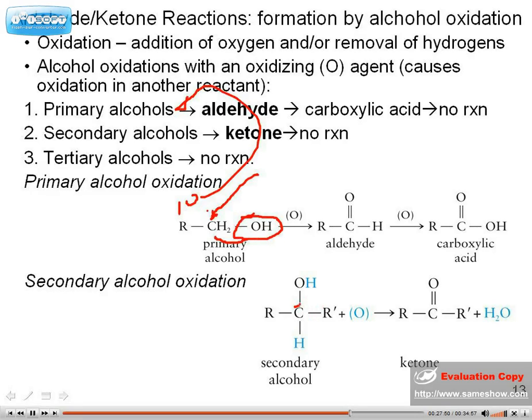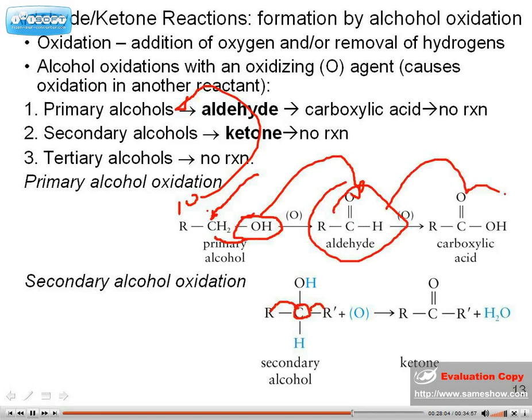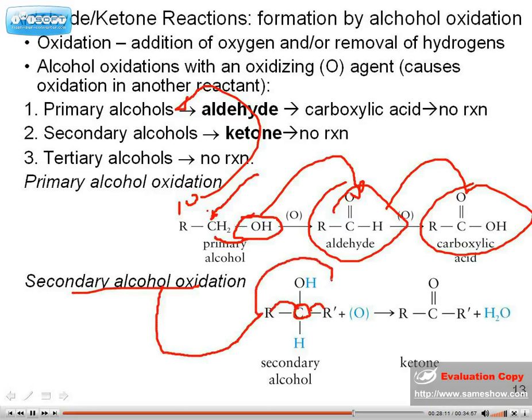This is a secondary alcohol because the alcohol bonded carbon is connected to two other carbons. For primary alcohols, they form an aldehyde, and then if this was my starting reactant, the aldehyde would form a carboxylic acid.